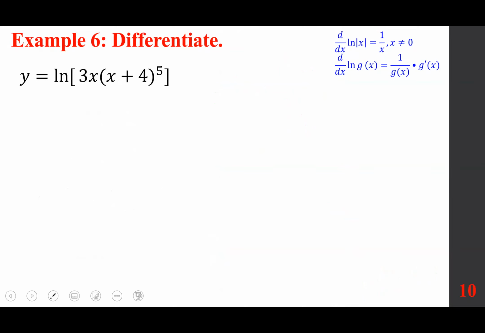All right. Can we differentiate the way it is? Yes. We have to write the reciprocal of this. That means 1 over this. And then differentiate this using the product rule as well as the chain rule. It is easier to decompose this first. Can you tell me what is the decomposition of this log?